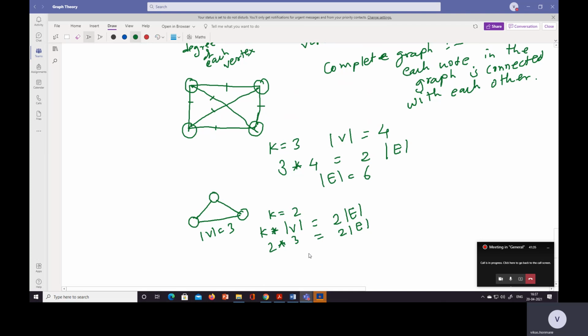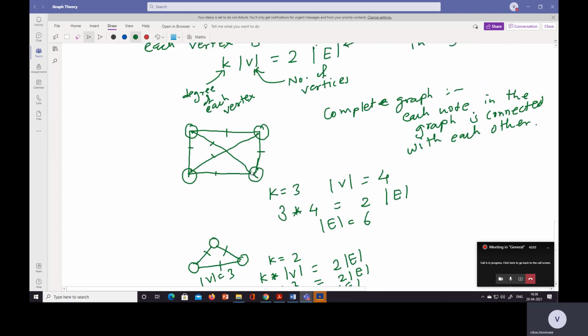Okay, 6 divided by 2 is equal to E. Then E is equal to 3. So now count the edges: 1, 2 and 3. Okay, so this satisfies corollary 1.